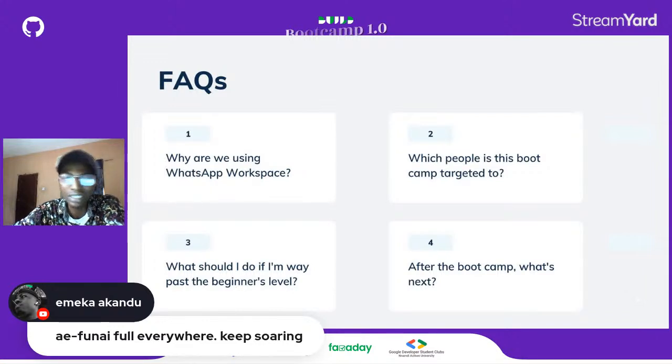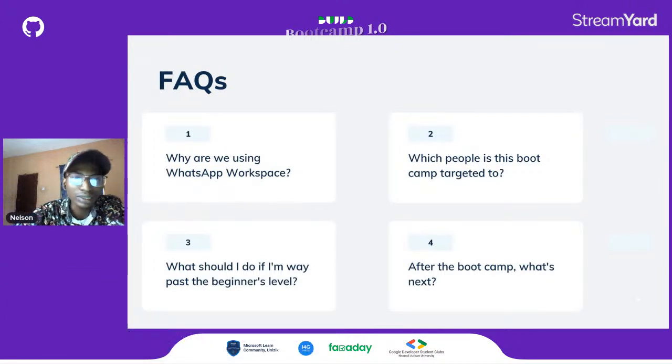The first question I have here is why we are using WhatsApp Workspace. If you're already in tech, you know that WhatsApp is poor in terms of organizing groups. Slack, Discord, and Telegram have a better system for managing groups, with separate tabs and structure. Mostly it's either Slack or Discord you use for tech.